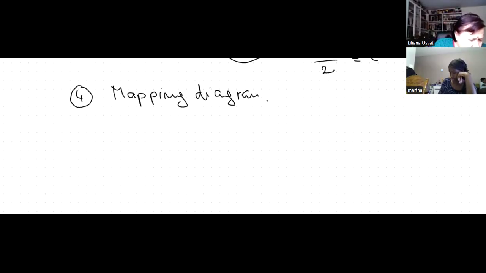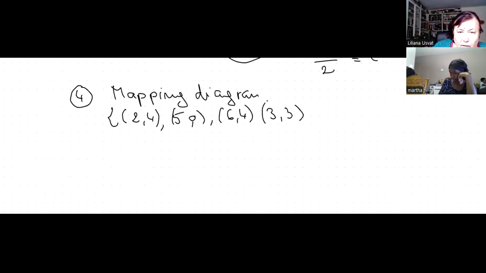The points are 2 and 4, 5 and 0, 6 and 4, 3 and 3, and 4 and minus 2. Is the relation a function or not? So first we need to sketch the mapping diagram.